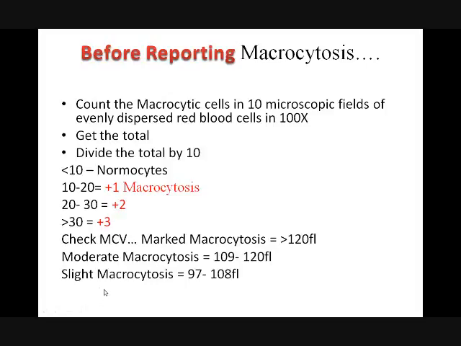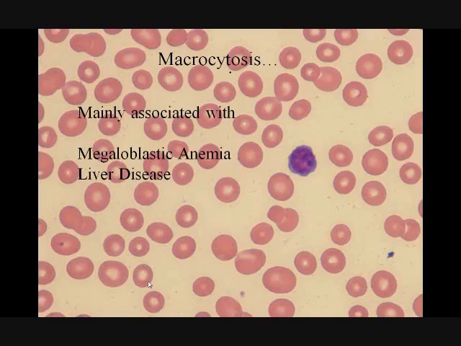Slight macrocytosis is going to be anywhere between 96 and 108 MCV. That would be 1 plus. Macrocytosis is mainly associated with megaloblastic anemias and liver disease.